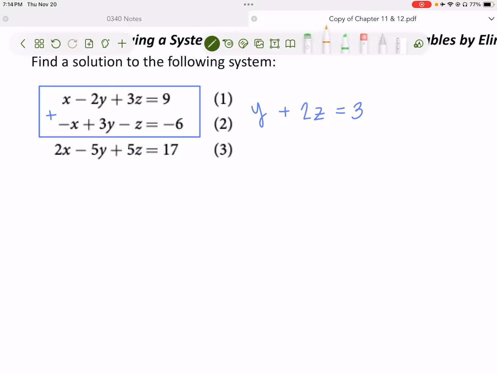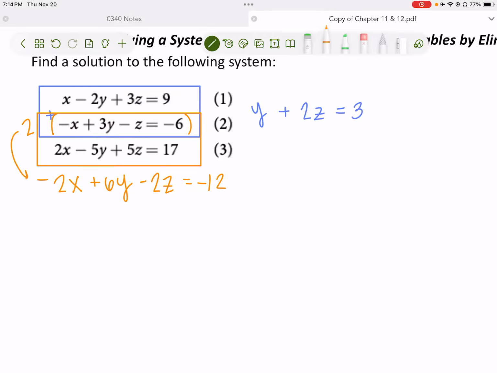Then I need to do the same thing for another pair. So I'm just going to use equations 2 and 3. Now for 2 and 3, if I want to get rid of x, I need to multiply this equation by 2 in order to get negative 2x and positive 2x. That's going to be negative 2x plus 6y minus 2z equals negative 12.